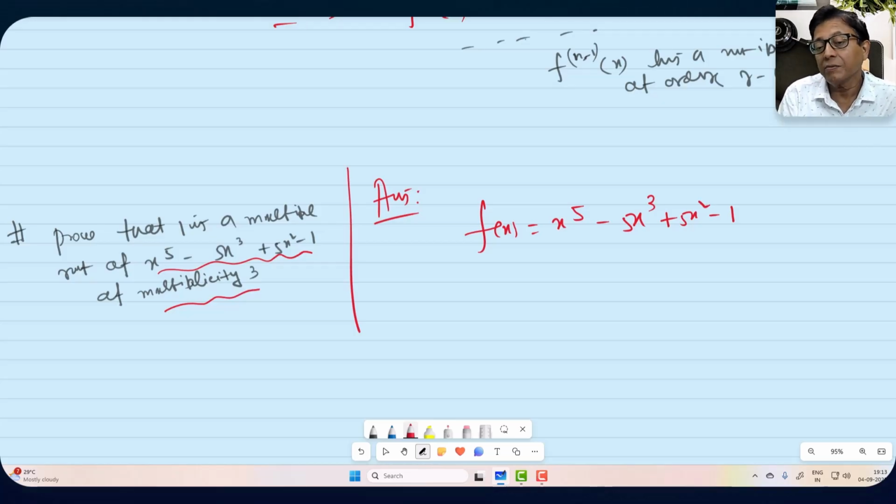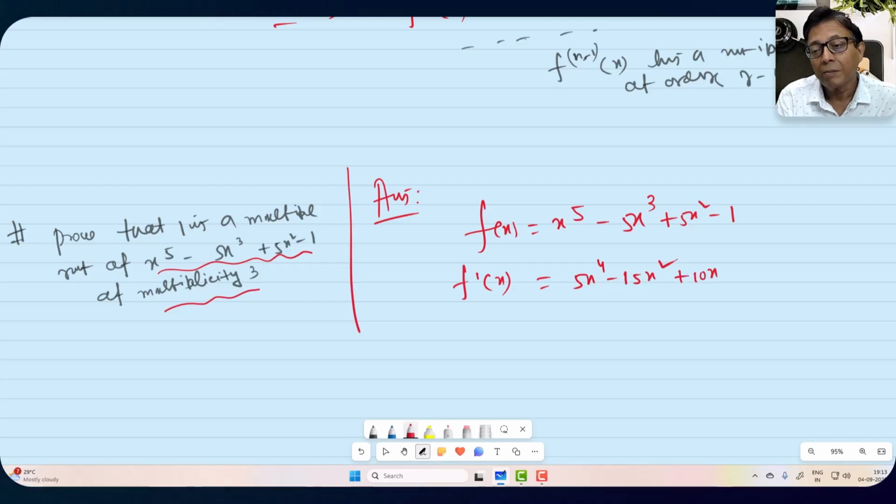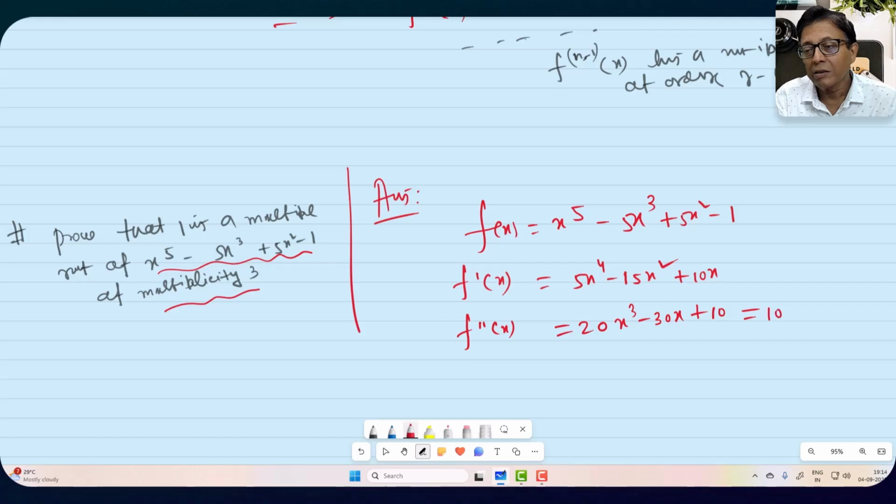Find the HCF of f(x) and f dash x. f dash x is 5x 4, minus 15x square plus 10x. f double dash x, this is what? 20x cube, minus 30x. If you take 10 as common, then this is going to be what?